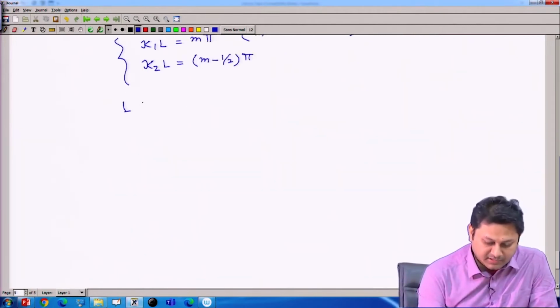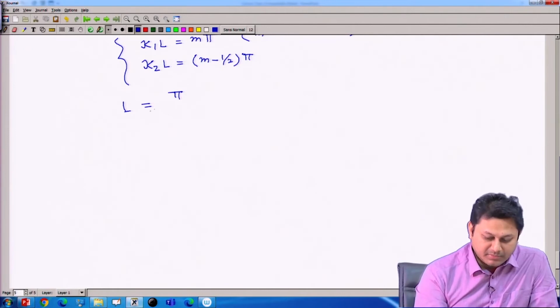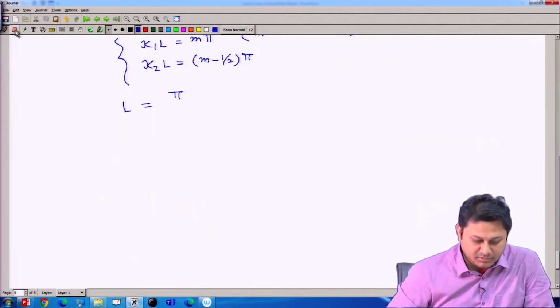So, L I can extract, which is pi divided by, if I just make this minus this, so it should be simply, okay, let me do that clearly.